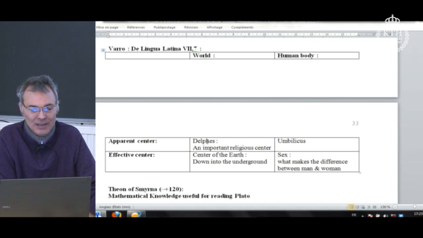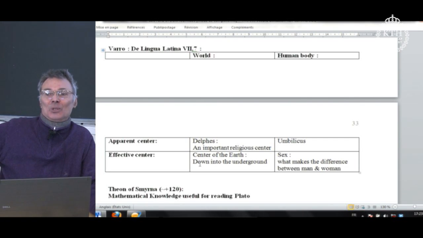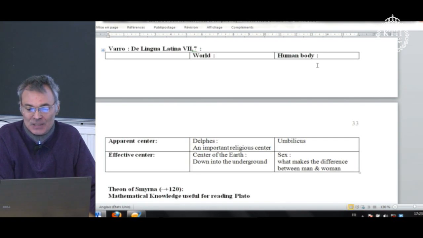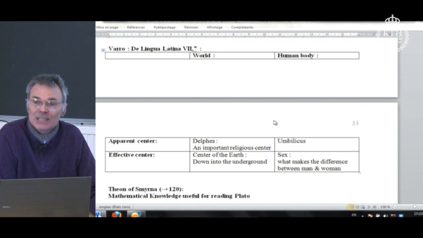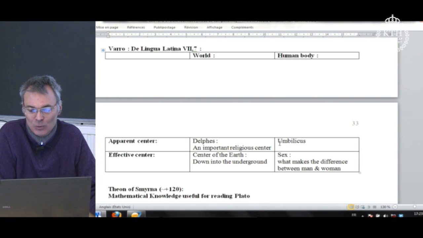In the world, there is an apparent center, which is the important religious center that was Delphi for the region of antiquity. But the real center of the earth is down in the underground, which you cannot see. And it's the same with the human body. There is an apparent center, which is the umbilicus, and there is a real center, which is, I'm quoting Varro, what makes the difference between man and woman.